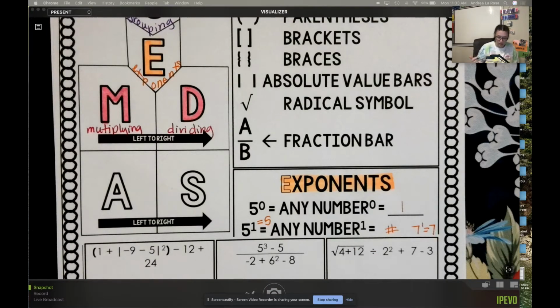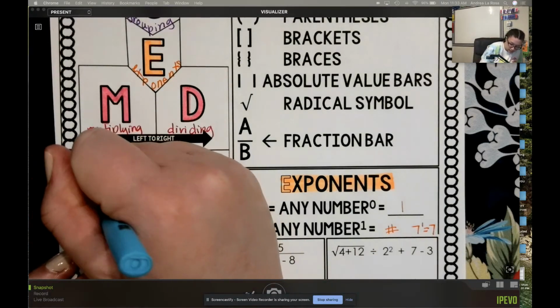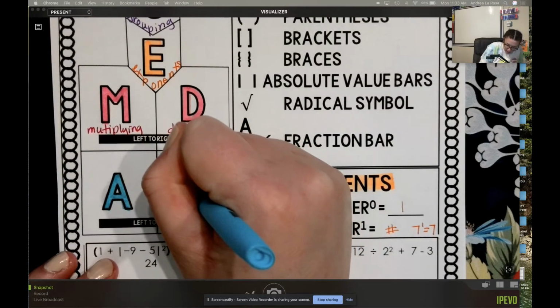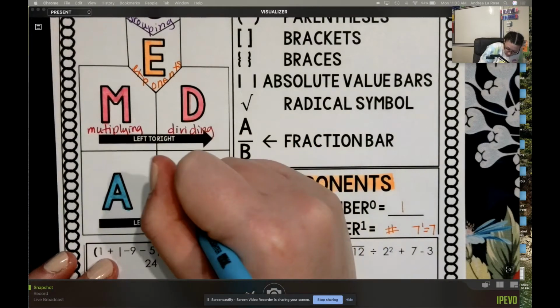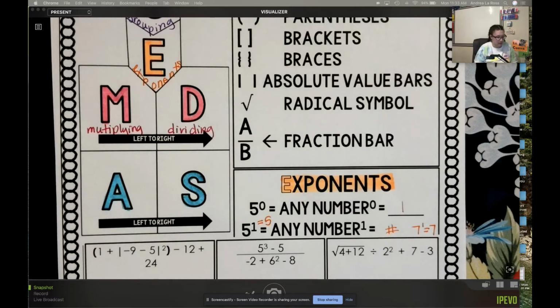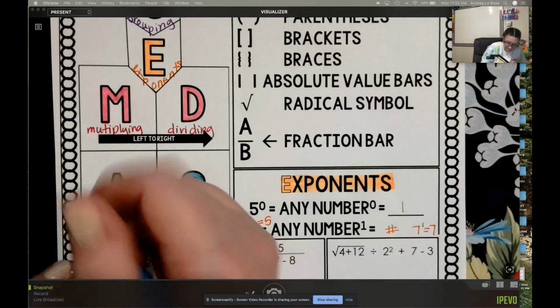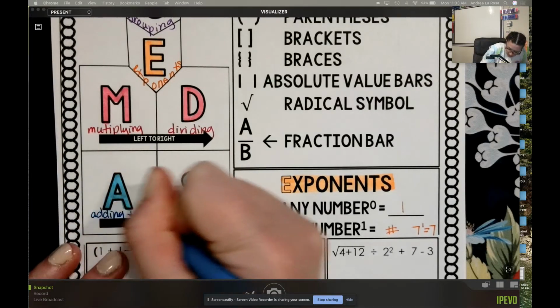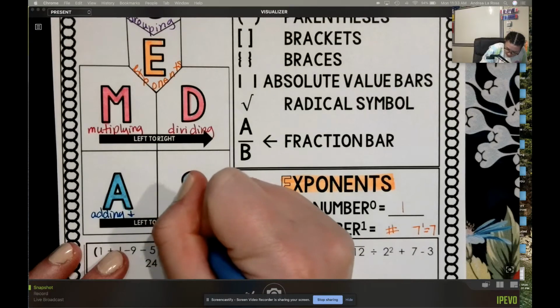And then our last ones, the A and the S. Remember, those are for adding and subtracting.